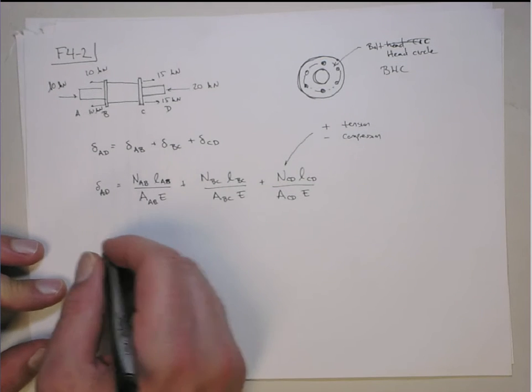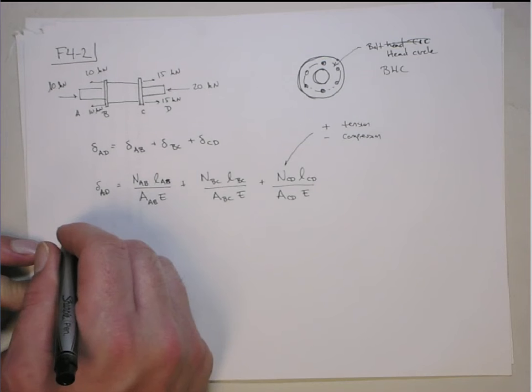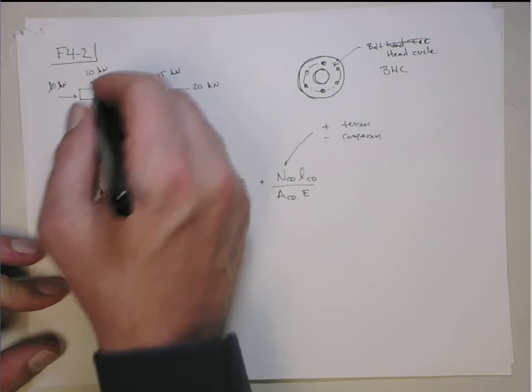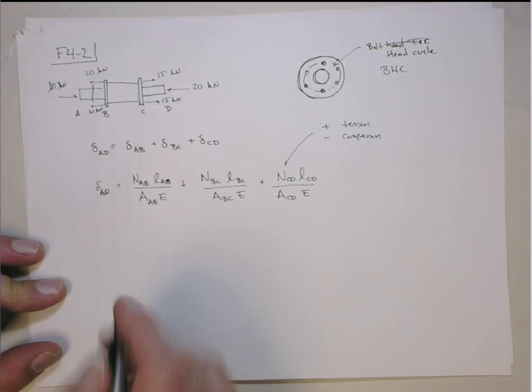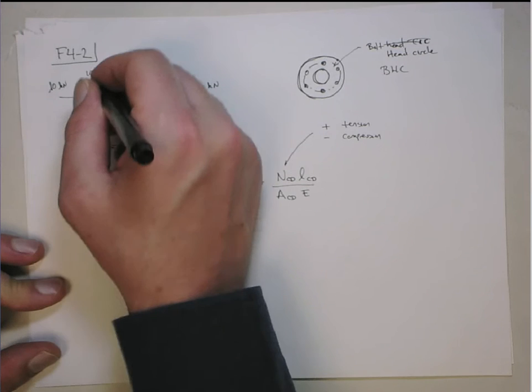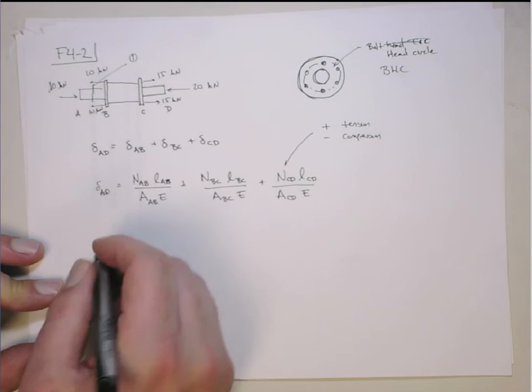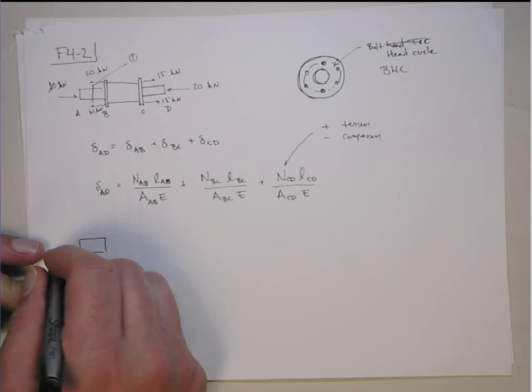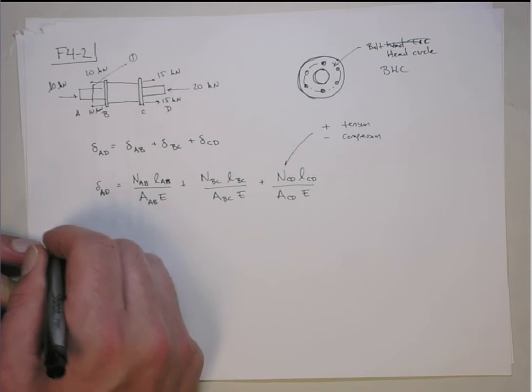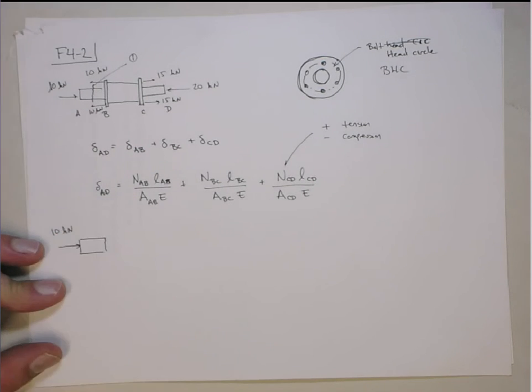That's relatively easy. Let's first do a section through AB. Let's do a cut there. Call that cut 1. So this will give me a free body diagram that kind of looks as follows. Okay, we know there's the 10 kilonewton force there.